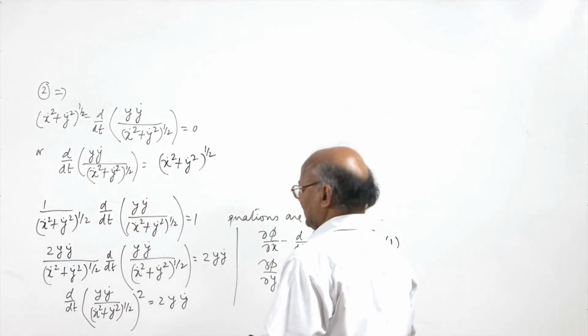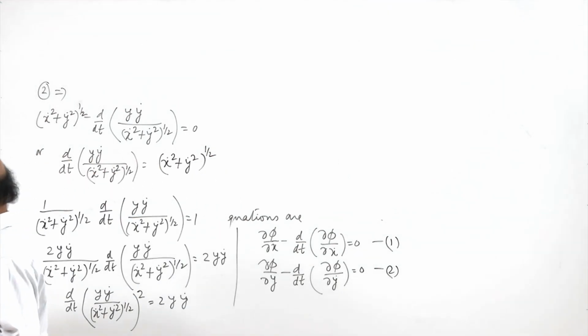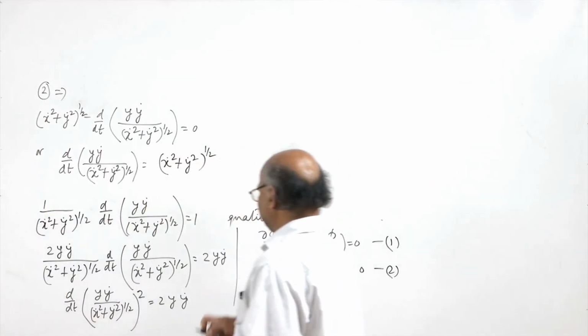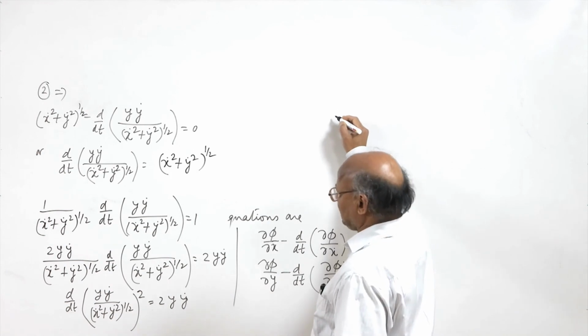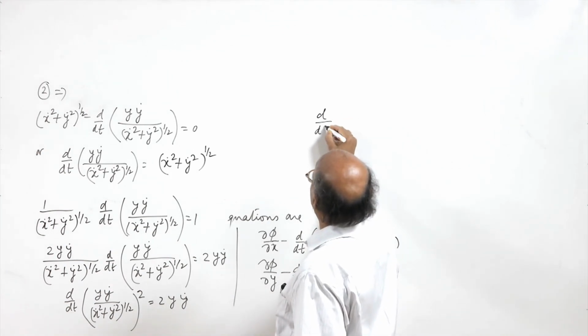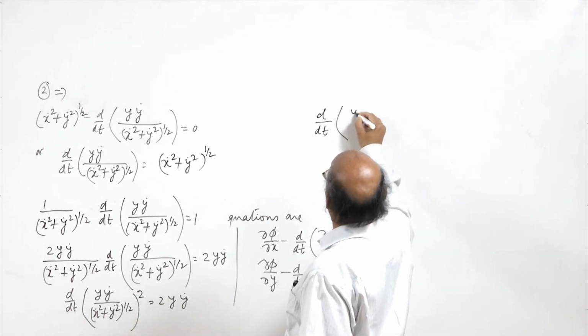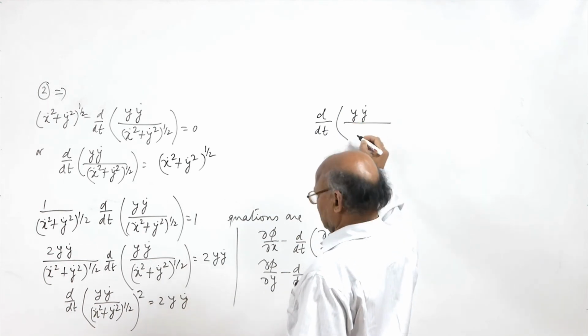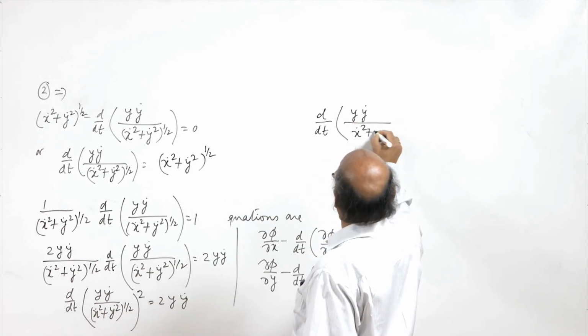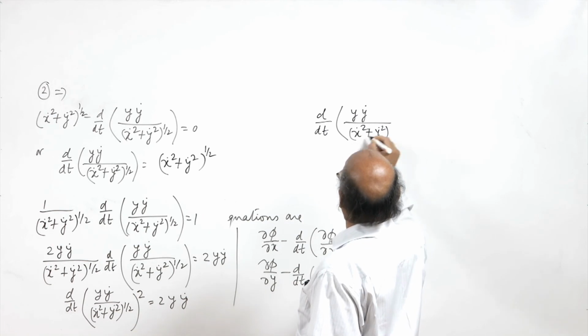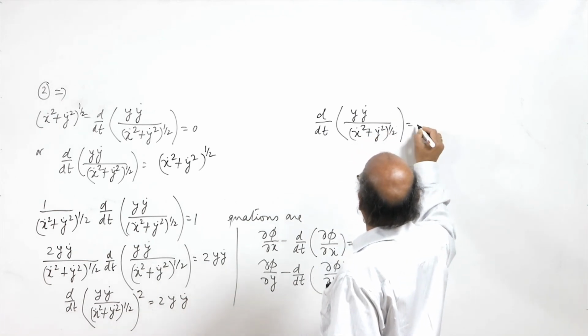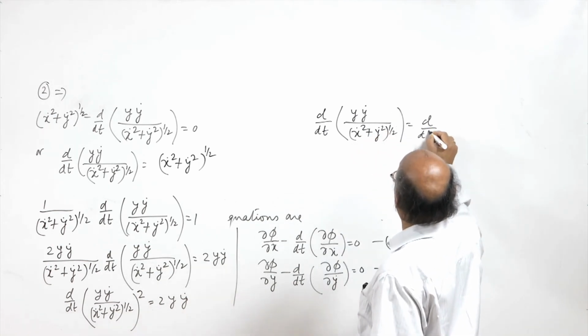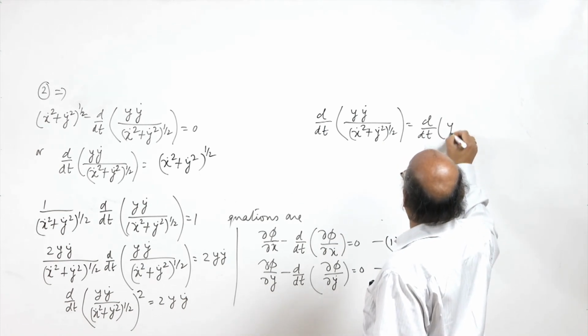So this also we can write in the following form: y y dot d over dt of y y dot over (x dot square plus y dot square) to the power half equal to d over dt of y square.